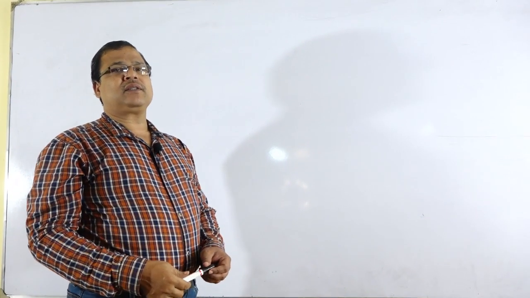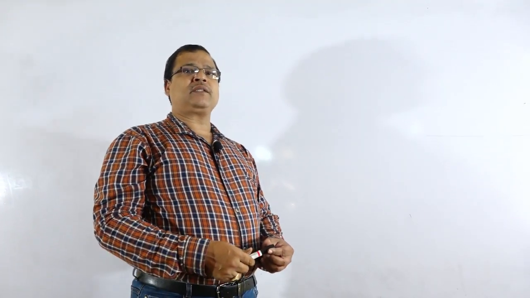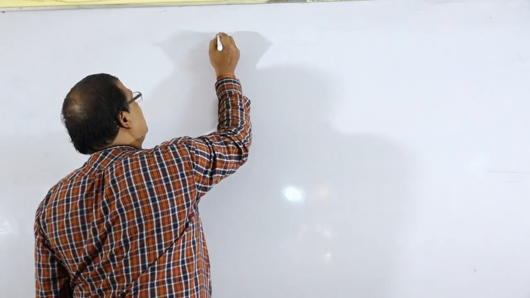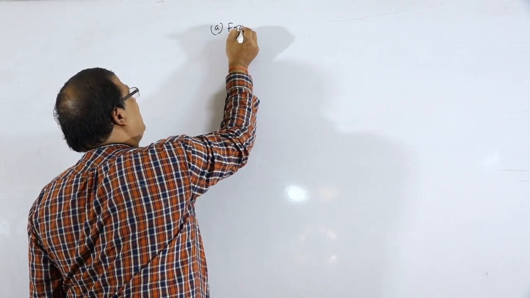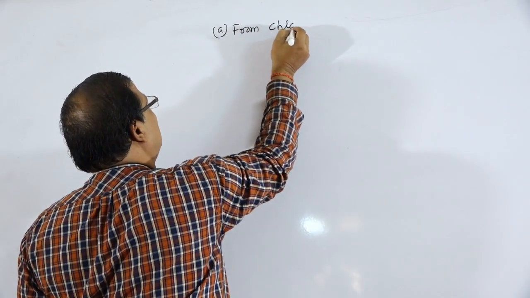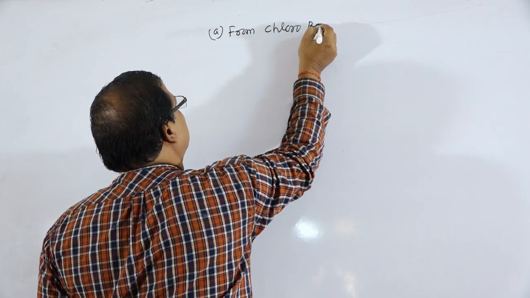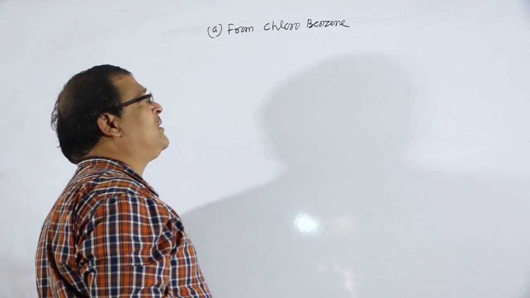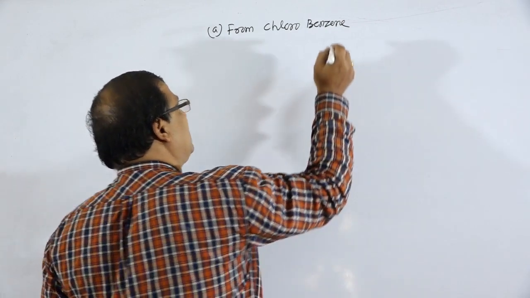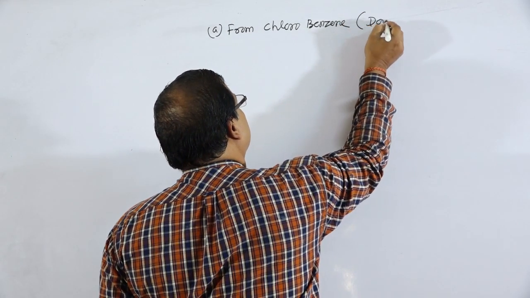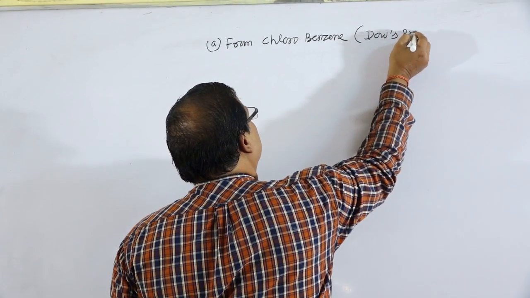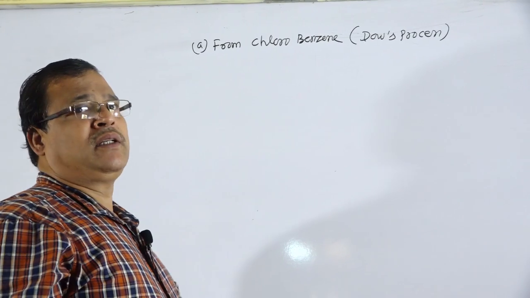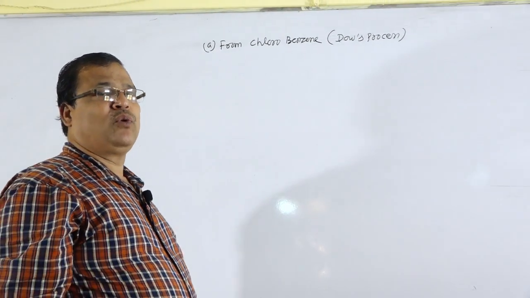The different methods adopted for the preparation of phenol. First one is from chlorobenzene. Already we have explained in the aryl halide chapter that from chlorobenzene it is Dow's process, for the preparation of phenol from chlorobenzene.